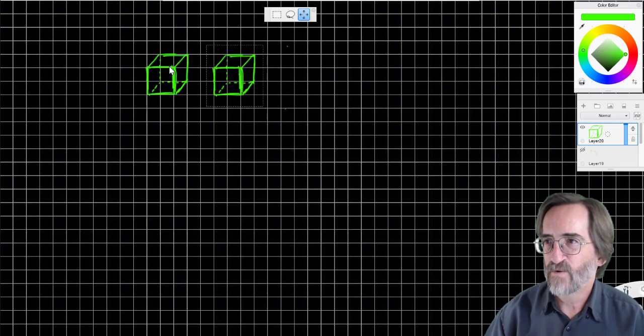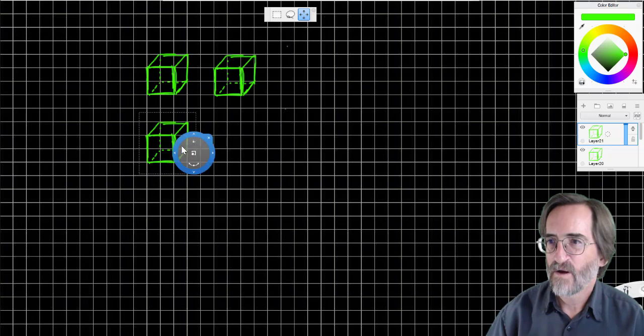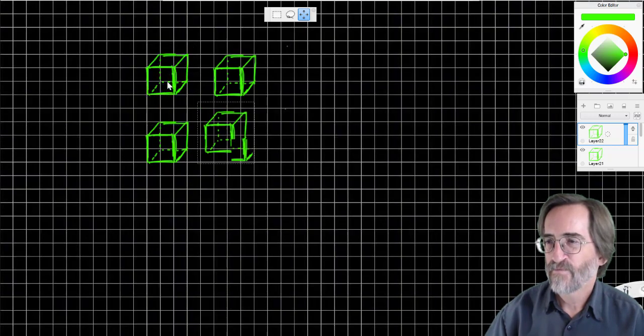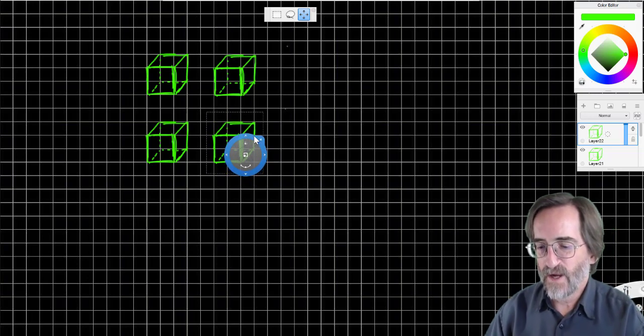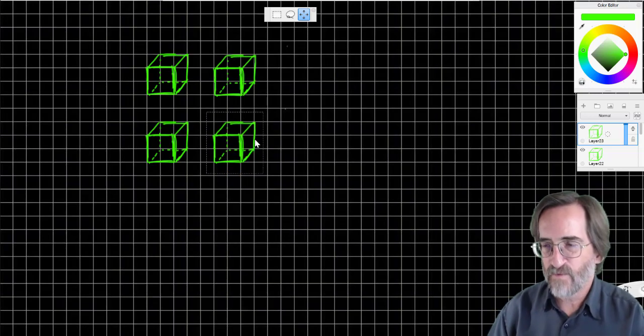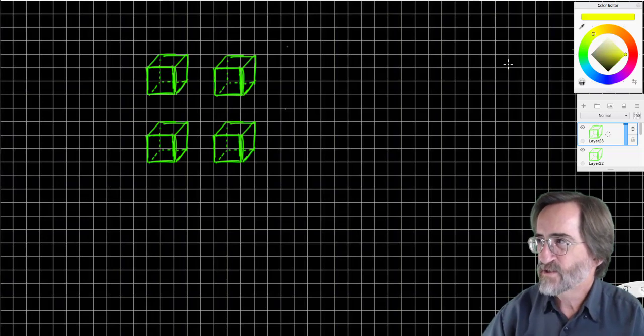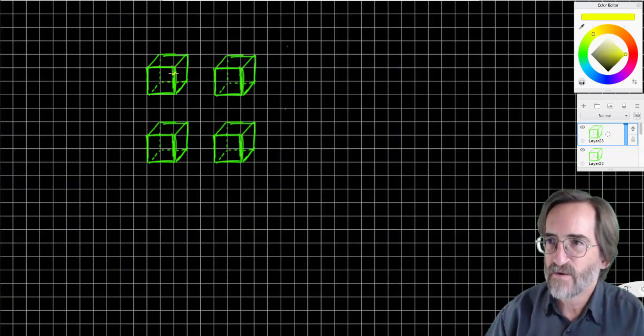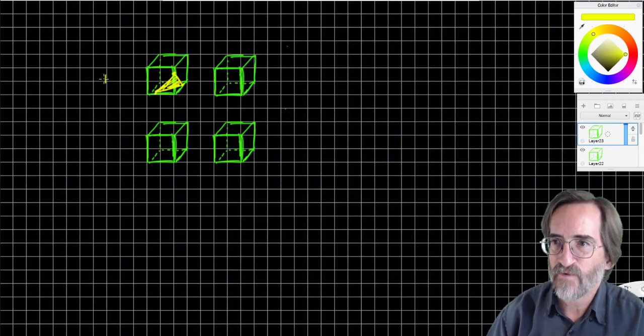I can slice it along any 3 points here. Let's say I slice it through these 3 points. Then I would create a triangular face. So by slicing, I can create a triangle from a cube.